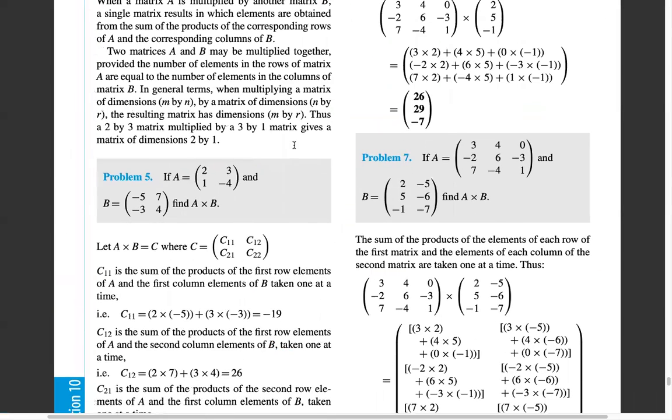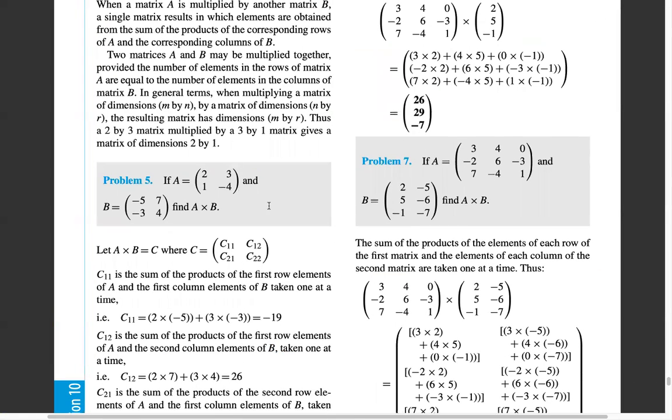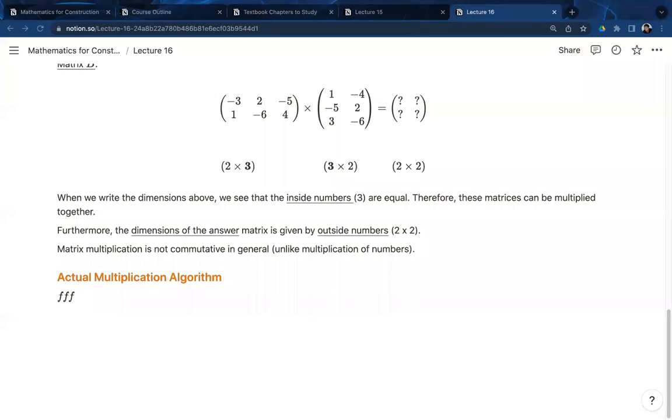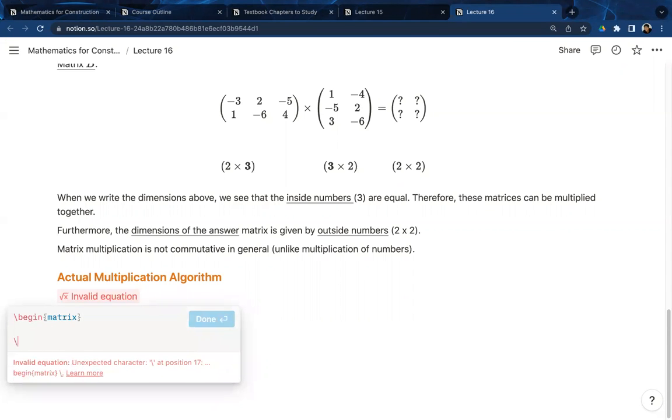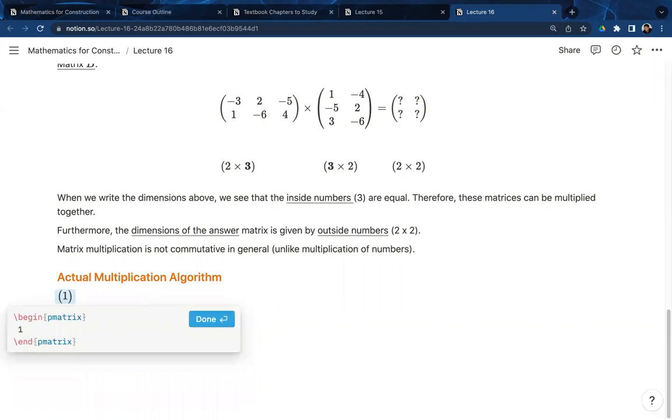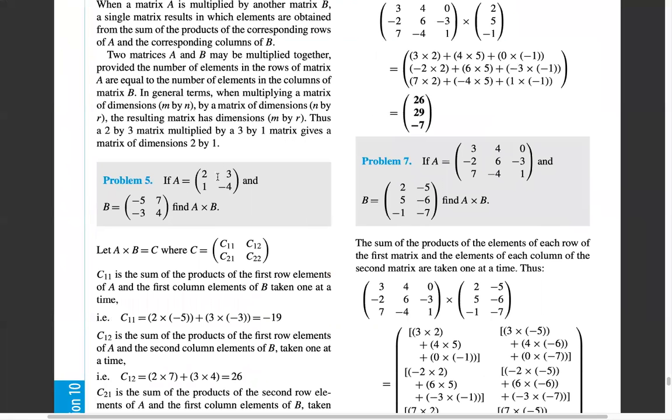So let me put these matrices here, right? 2, 3, 1, minus 4.